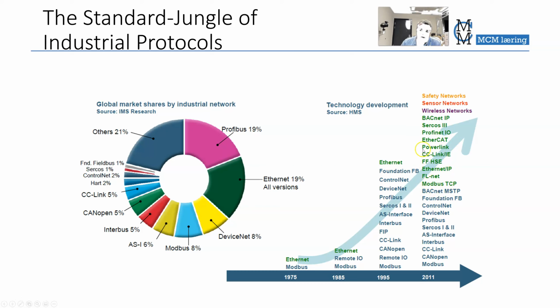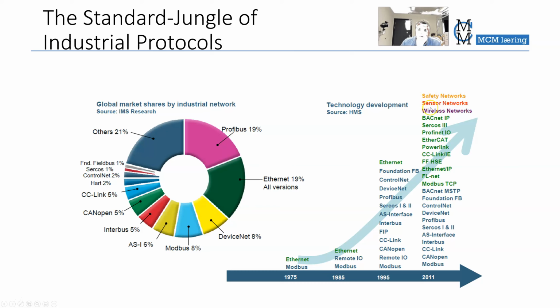And now we have TCP/IP based industrial networks that are specialized for industrial purposes. So all these green ones here are for industrial purposes, TCP/IP based. Then we still have the blue here, the bus based so-called serial, which are not based on TCP/IP. Then we start to see more wireless networks and special sensor networks, special safety networks for safe operation.